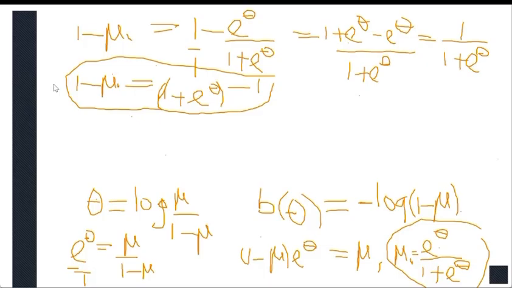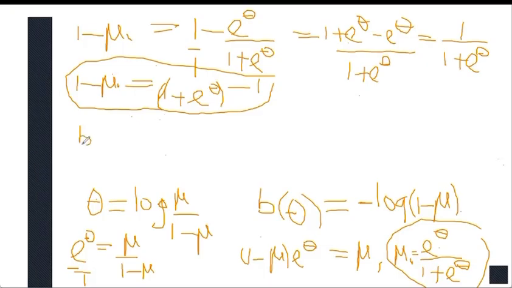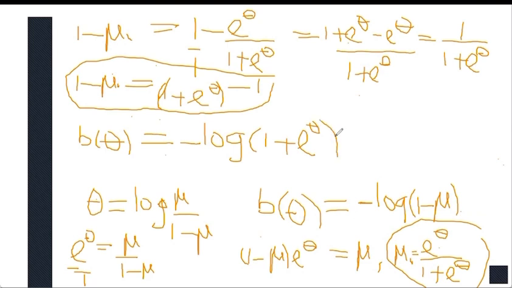The b of theta is going to be negative log of 1 plus e raised to power theta, raised to power negative 1.